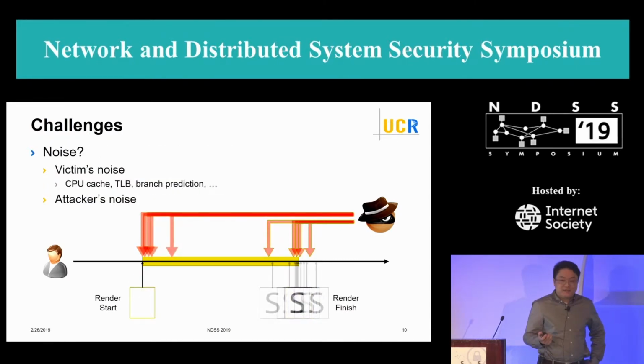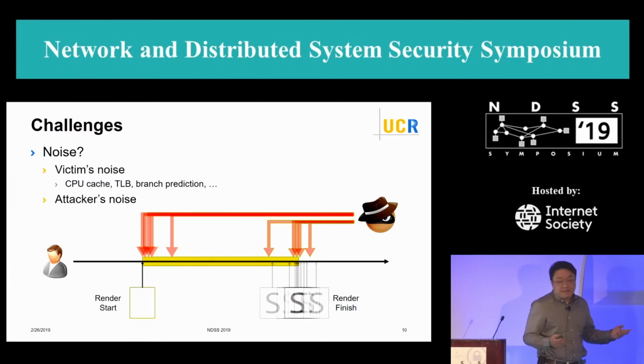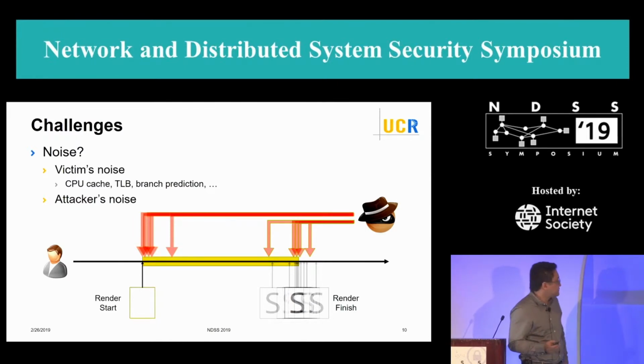And the final challenge is that we are a timing side channel after all, so we have to deal with noise. The noise can come from the victim side and the attacker side. From the victim side, because of features like CPU cache, TLB, and branch prediction, even when it is the same key, the timing will be different.